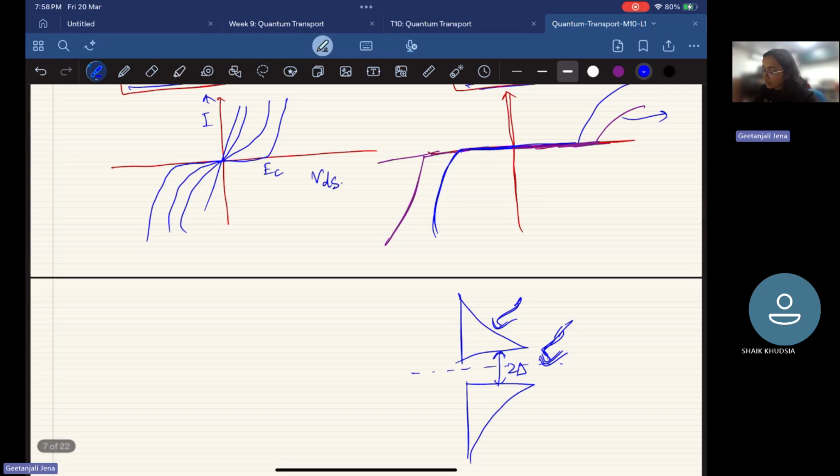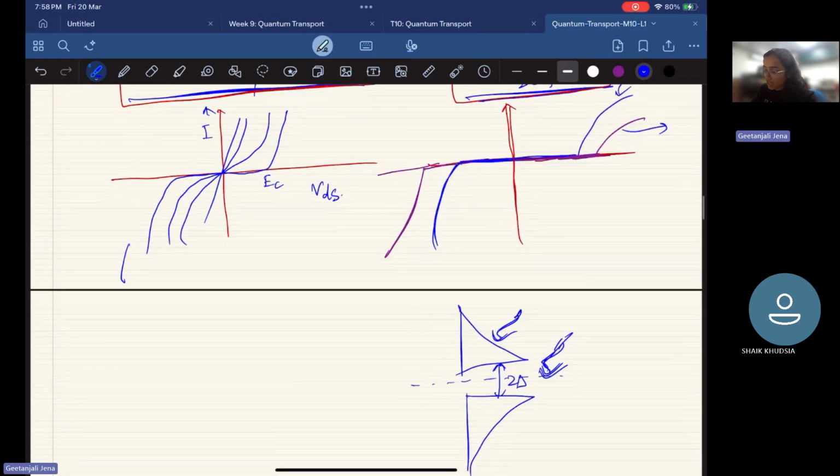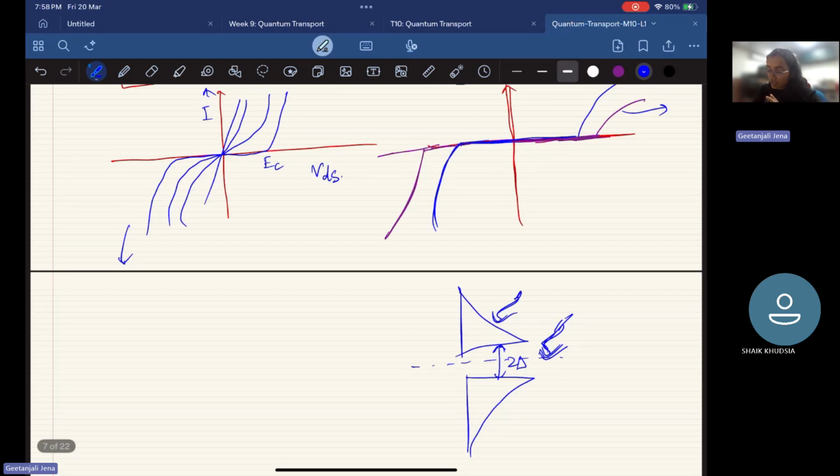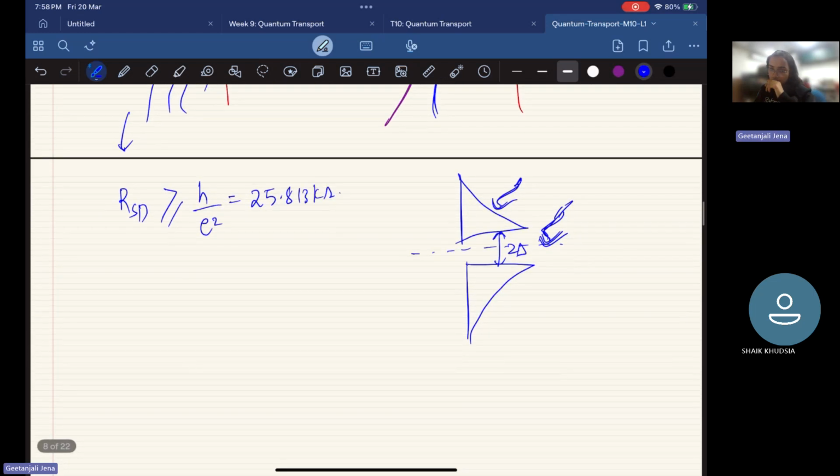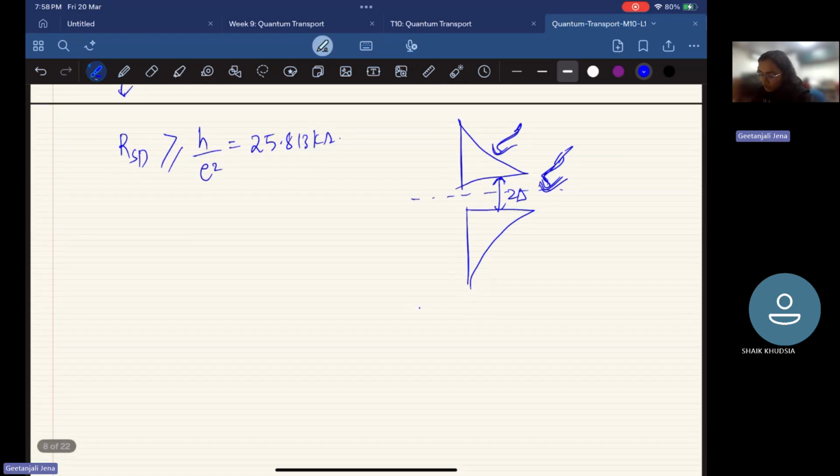And if you recall, for the normal metal semiconductor, we can see the Coulomb blockade oscillation if we have a tunnel resistance between source and drain which is greater than h by e squared, which is 25.813 kilo-ohm. But for the superconducting state, to see the Coulomb blockade oscillation for the Cooper pair, the tunnel resistance should be greater than h by 4e squared.